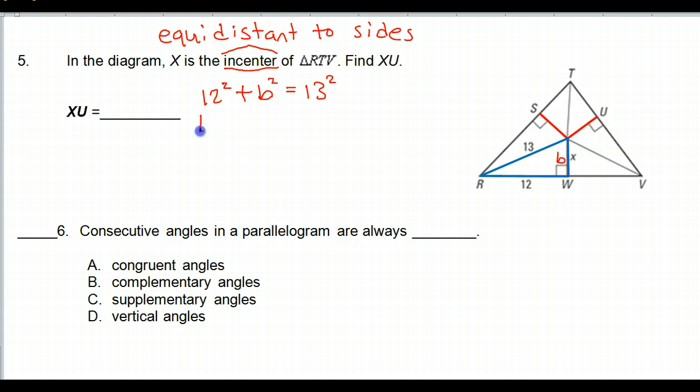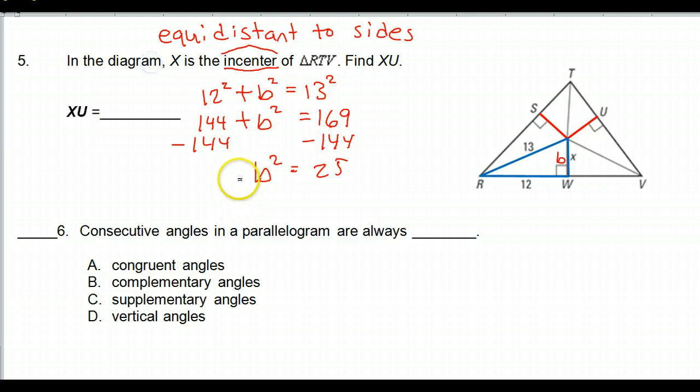So that's going to make 144 plus b squared is equal to 169. Subtract 144 from both sides. So that's going to leave us with b squared is equal to 25. Take the square root of both sides. And of course that's going to give us b is equal to 5.